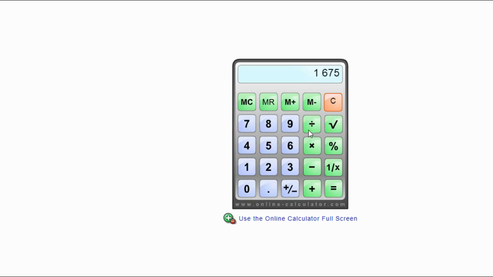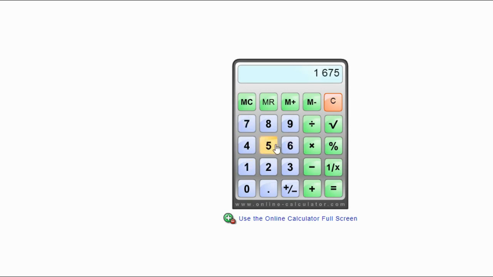1675, let's divide that by 5 to see a fifth. Okay, so what are we going to get here? Okay, 335 kilometers. So as we keep trying to figure out what time frame, we can work it out backwards: how many kilometers am I traveling in 1 minute?